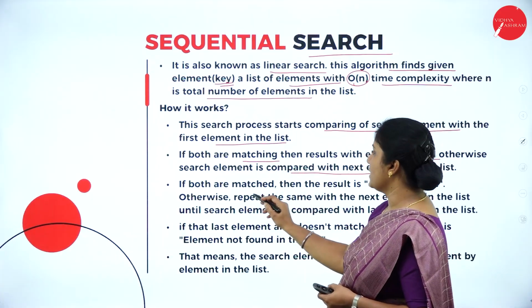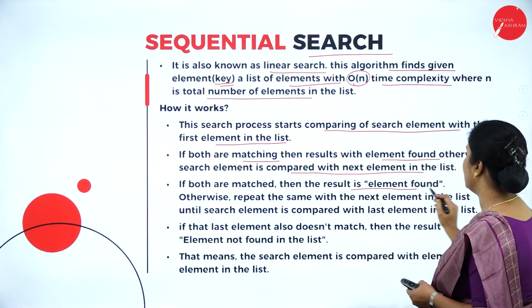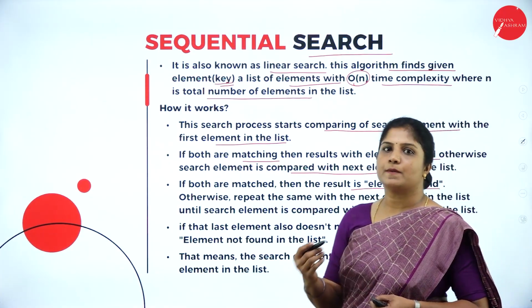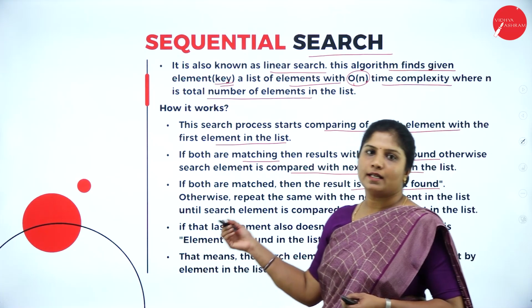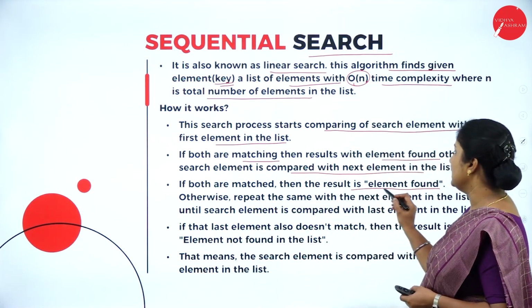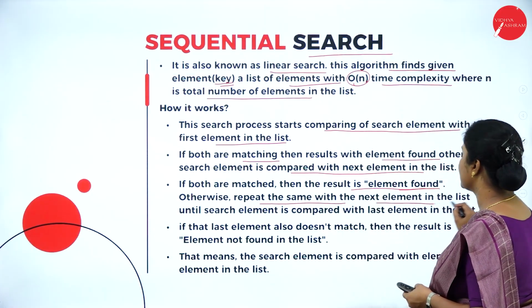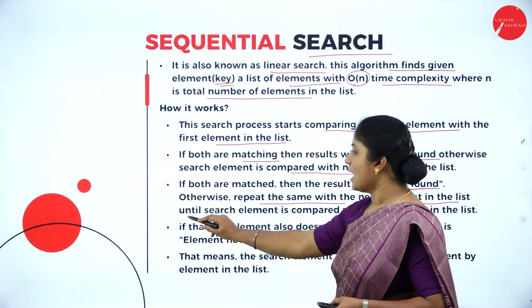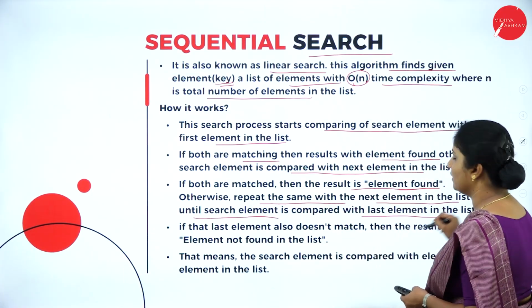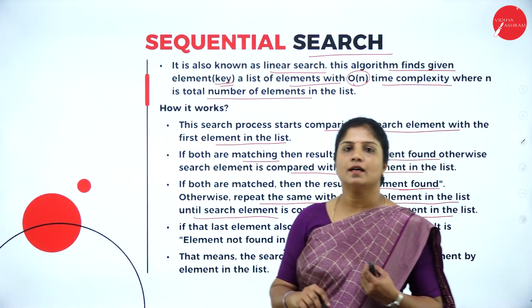If both match, then the result is element found. If the element is present at the second position, then it displays element found. Otherwise, it repeats the same with the next element in the list until the search element is compared with the last element in the list.